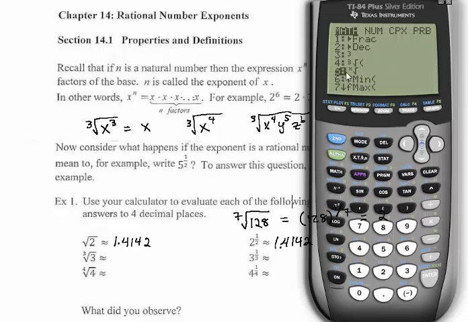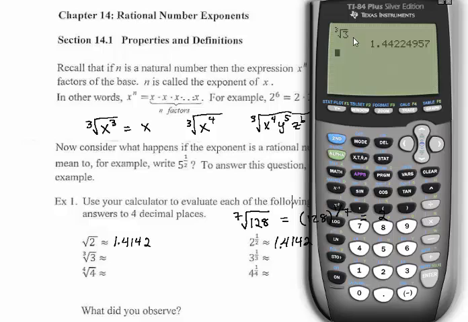Math, in the math menu, number 5. It's asking us for the radical, and we can scroll our way up here and change the root number, and then inside we can place the radicand 3, and we get 1.4422.